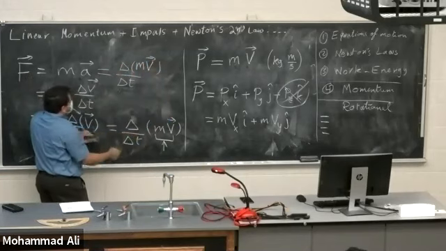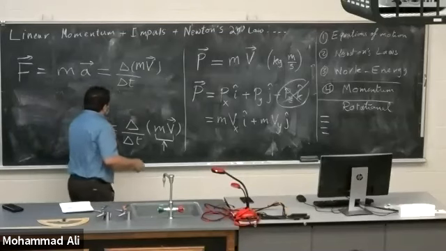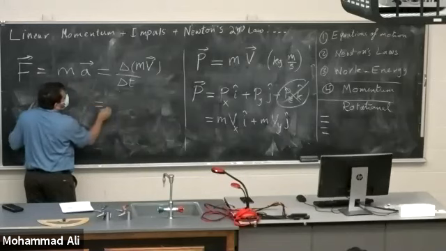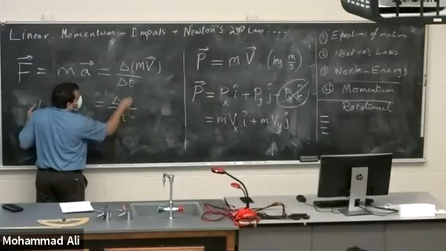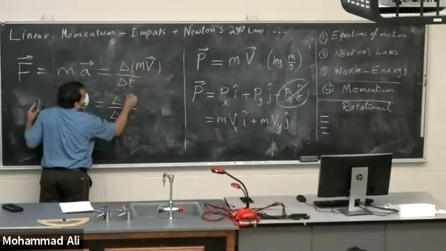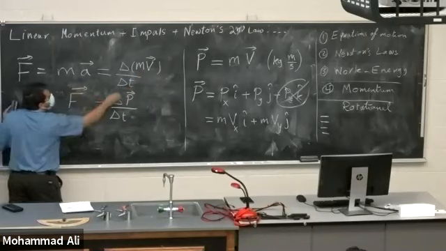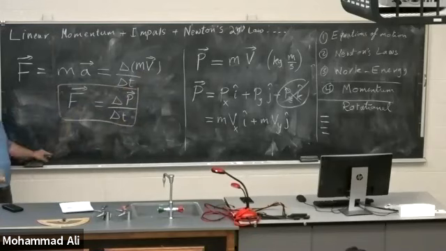This is the relation, which is equal to delta P over delta T. mv is the momentum P. So now we have a new relation between the force and the momentum.